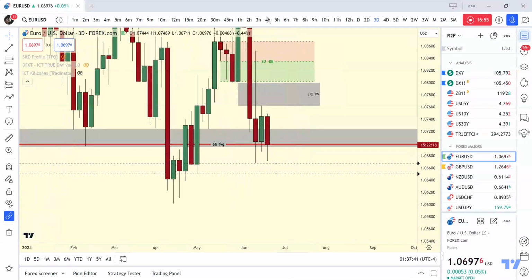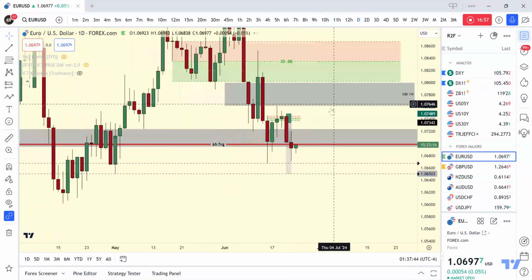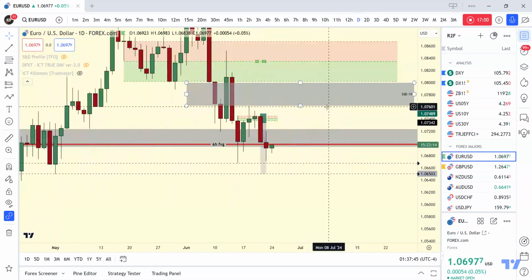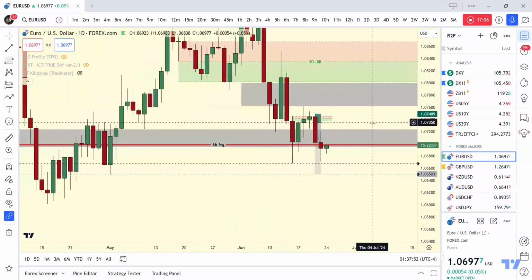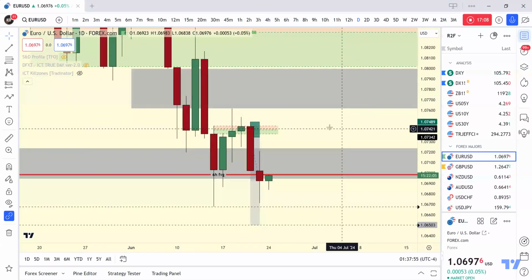Relative equal lows here. Go to the daily. Okay. Price came up into this breaker and expanded lower. Okay, so in ICT, he also has another saying that the bodies tell the story and the wicks do the damage.